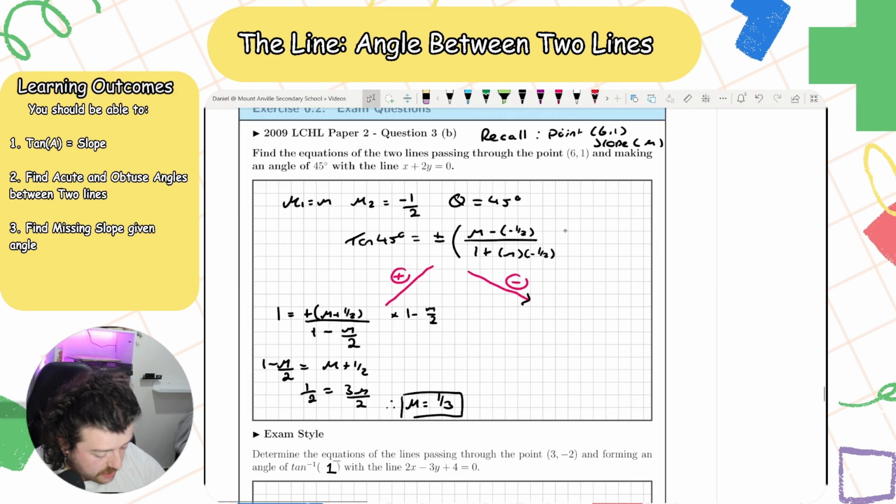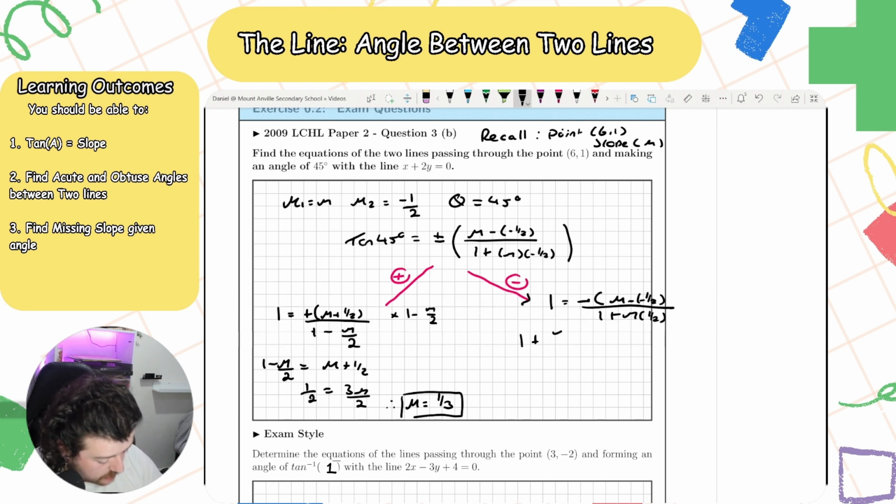That's the slope of one possible line. The slope of my next possible line is going to be 1 is equal to minus m minus 1/2, all over 1 plus m times -1/2.